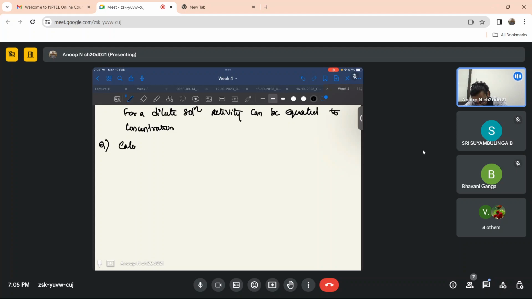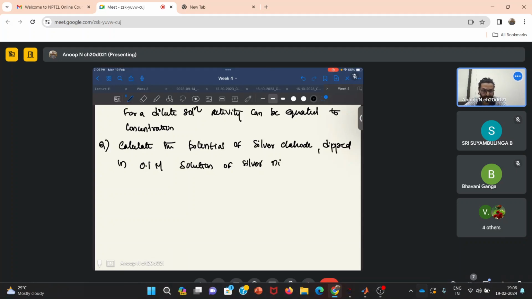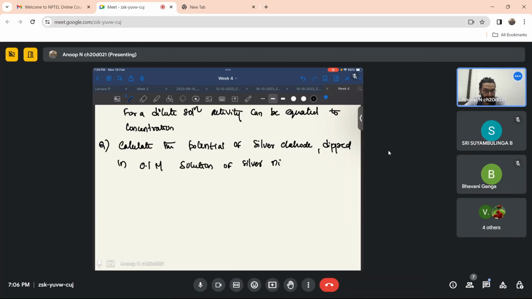So question is, calculate the potential of silver electrode dipped in 0.1 molar solution of silver nitrate solution at 298 Kelvin.